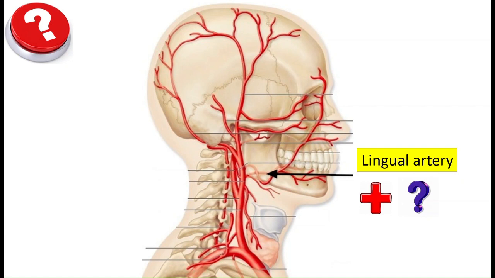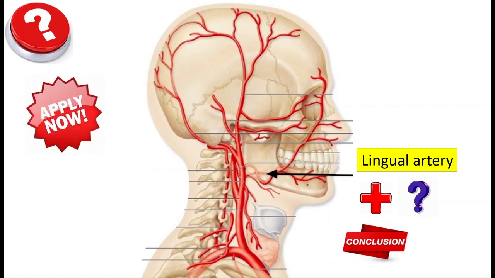Which arteries supply these neighbors, which then are going to give a branch to the tongue? I'm going to leave you to think of that, and you can find it in the books, but it is just a little exercise. The conclusion is that the muscular tongue is very rich in blood supply.